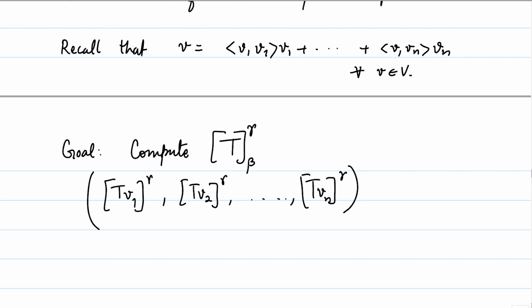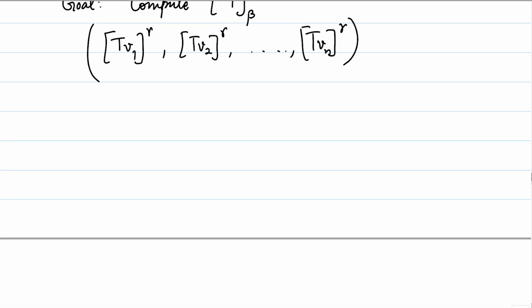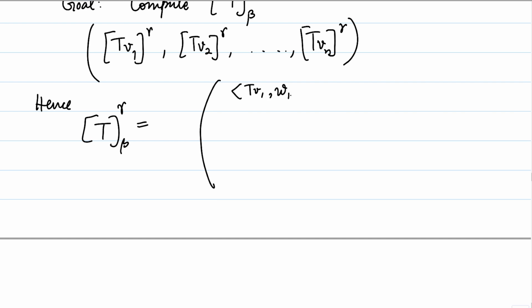But we know explicitly what this is. So hence [T] beta gamma will just be equal to the inner product of Tv1 with w1, Tv1 with w2, up to Tv1 with wm.